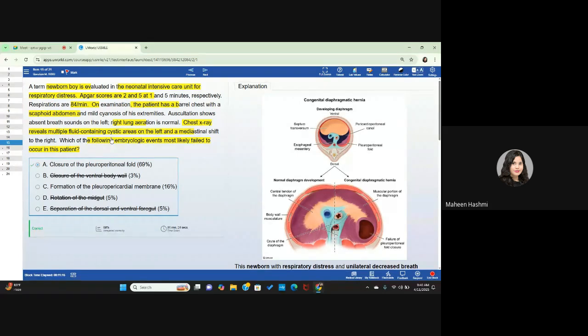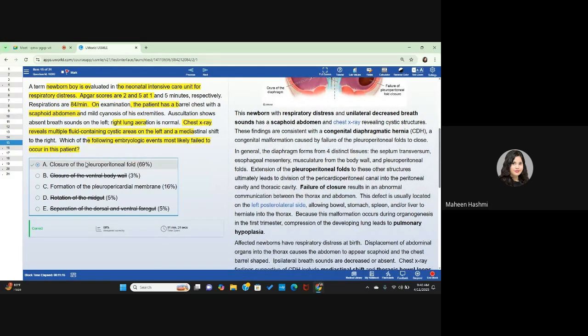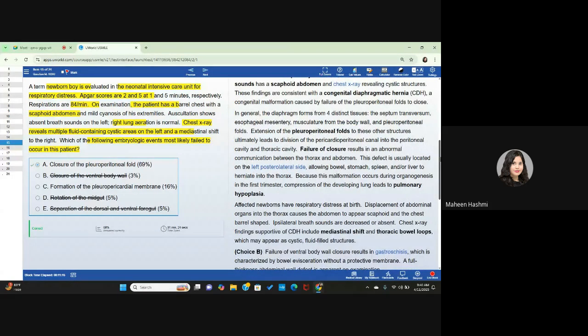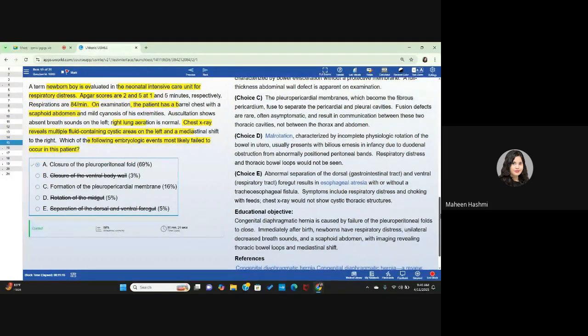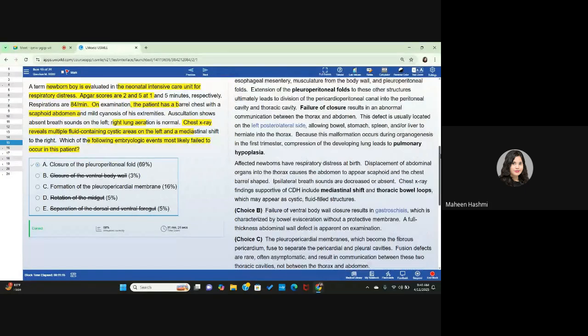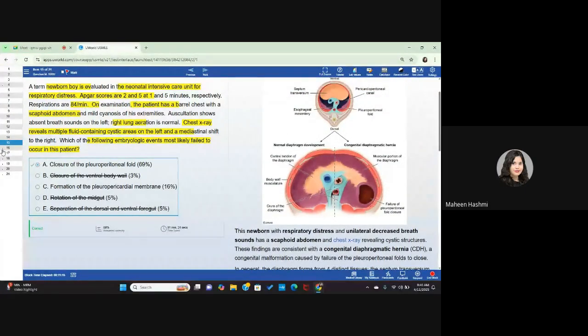Chest X-ray reveals multiple fluid-containing cystic lesions. That's CDH, because of the absence of closure of the pleuroperitoneal folds. That is why the bowel loops go into the left lung. Okay, so we discussed this.